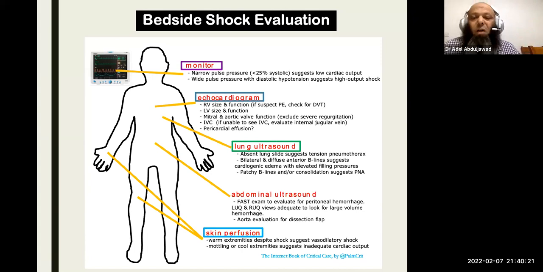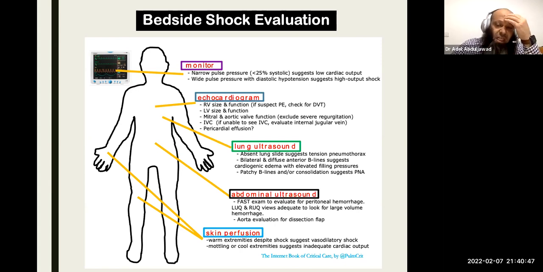Regarding the lung ultrasound, of course, using the probe to assess the lung ultrasound points, it will tell you where you are from pneumothorax or pneumonia or effusion or even pulmonary edema. Then you go down to the abdomen with the abdominal probe, and you will assess through EFAST or FAST exam.